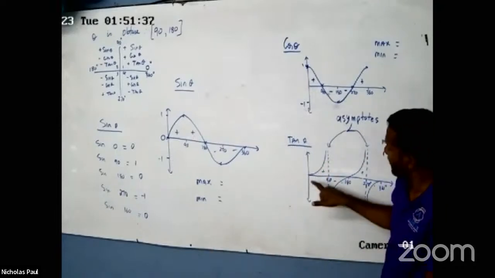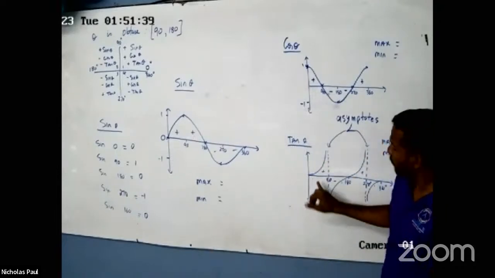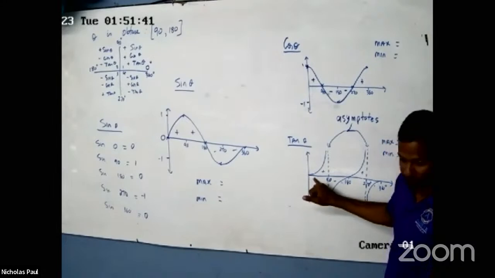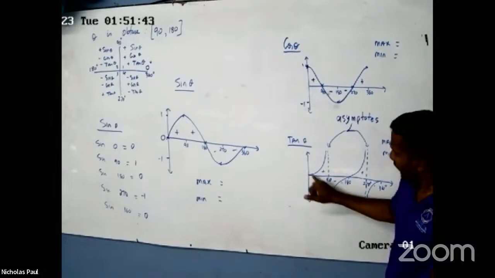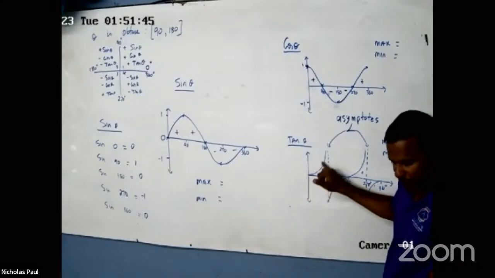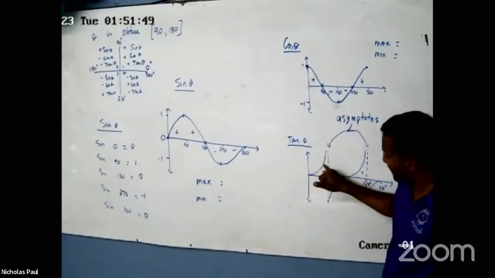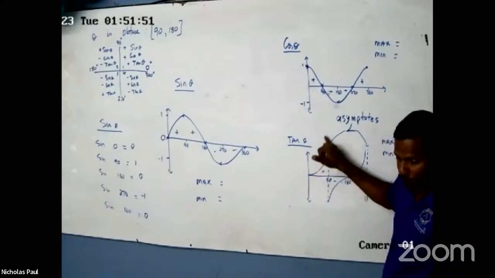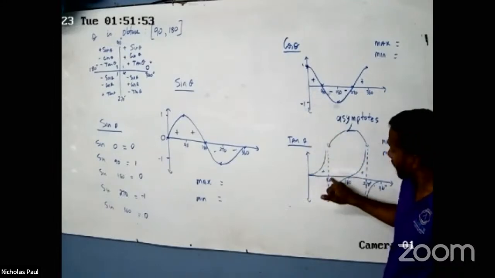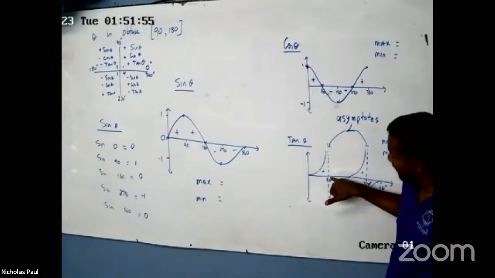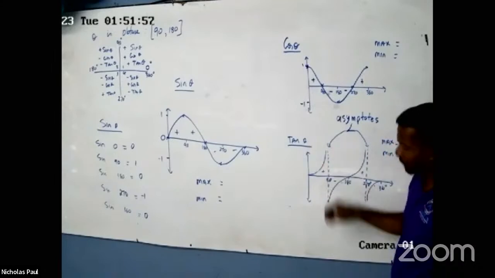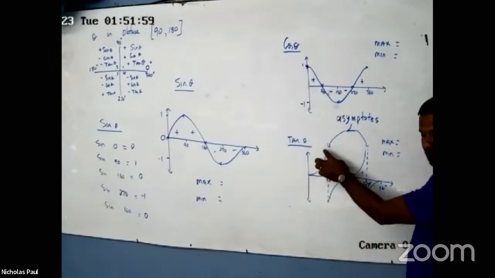The reason it's shaped like this is that if you were to plot all the values between here, right, and you plot it, this is the shape that you'll end up with. But the thing about this shape is that this curve, although it keeps going higher and higher, it will never touch this line here. So the graph will kind of be discontinuous.